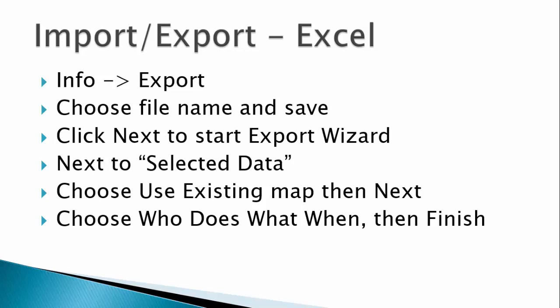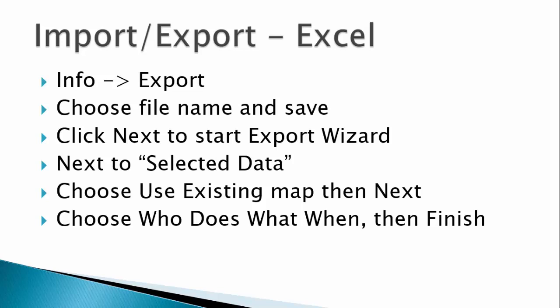Accept the file name or type a new one and click Save. This will start the export wizard. Click Next to continue, then choose Selected Data and click Next. Select Use Existing Map and click Next. Here you will choose the Who Does What When map and click Finish.